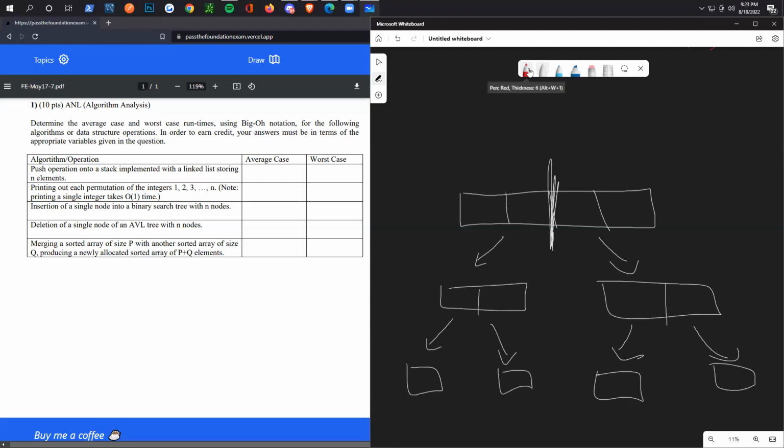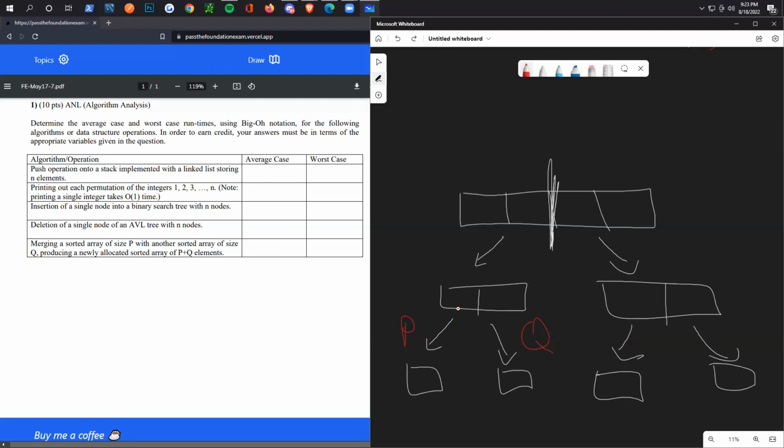And then what you end up doing is merging this half with this half to create a sorted subarray in the overall array. So this section, once you merge it, is going to be sorted properly. Just this section right here. You can think of this as your P and this as your Q, or this as your Q and this as your P. It doesn't matter how you look at it, it's still the same.